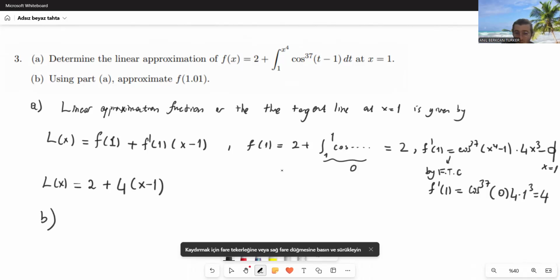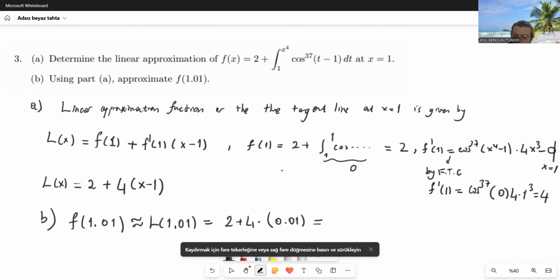With respect to this linear approximation function, approximate f(1.01). So it's just evaluation. So it is approximately L of 1.01, which is 2 plus 4 multiplied by 0.01.